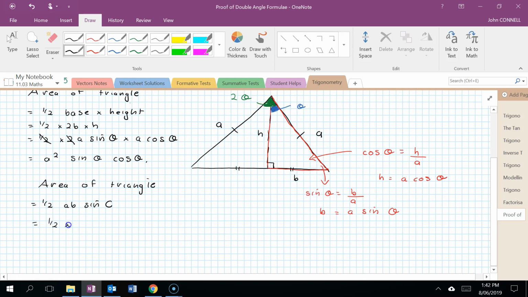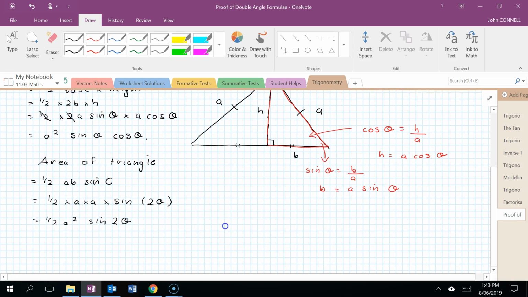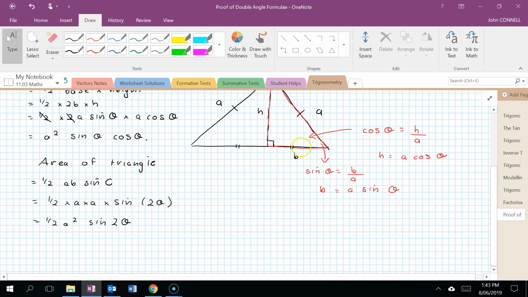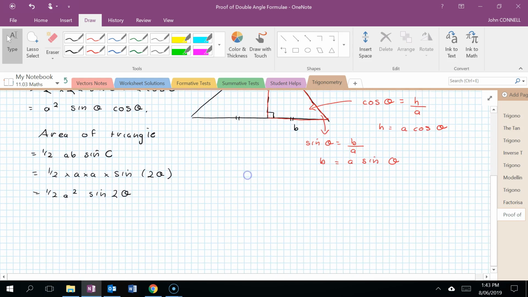So it's a half times A times A times sine of 2 theta, which is a half A squared sine 2 theta. So I've got the area of this isosceles triangle in two different ways. So these two ways must be equal.